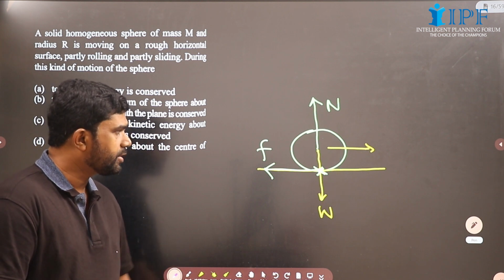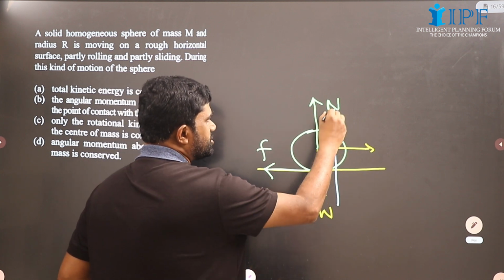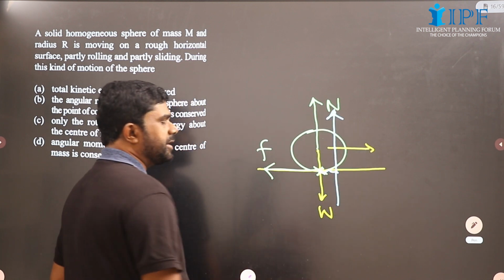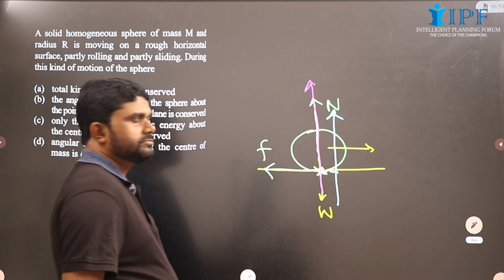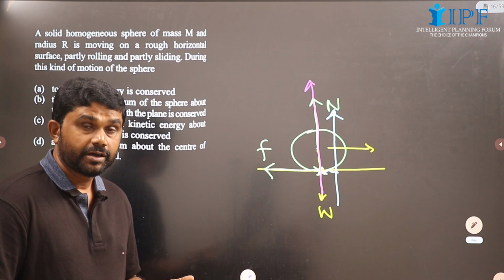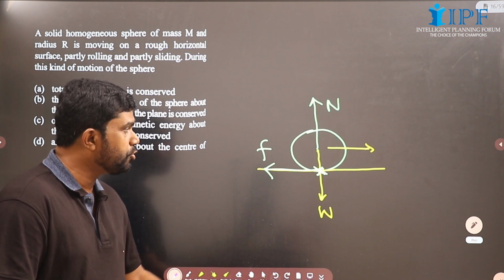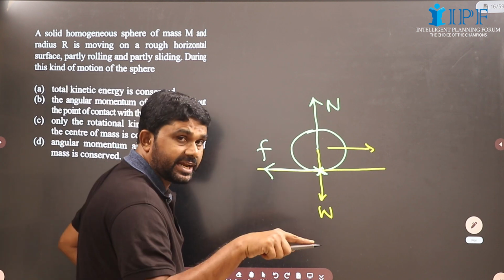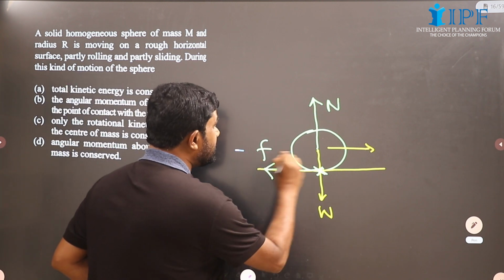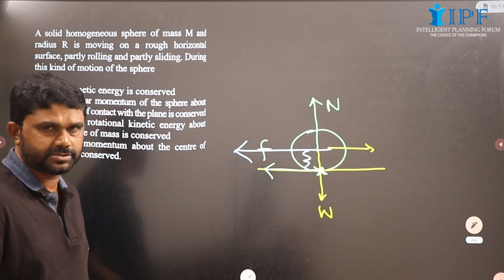Now see, if the normal reaction is acting like this, this will be the perpendicular distance. But here the normal reaction is acting like this, so the perpendicular distance from that point will be 0. So there is no torque due to the normal reaction. See, if this friction had been acting like this, this is the perpendicular distance.